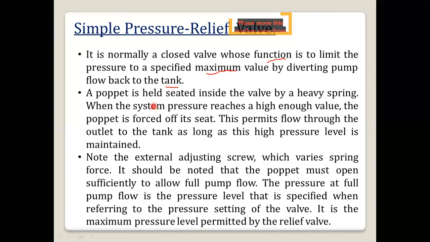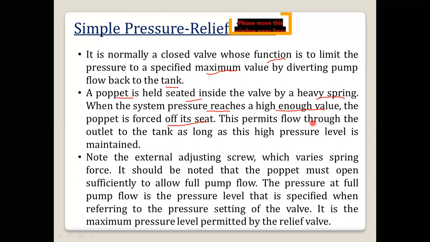Okay, so here the poppet is held seated inside the valve by a heavy spring. When the system pressure reaches a high enough value, the poppet is forced off its seat.